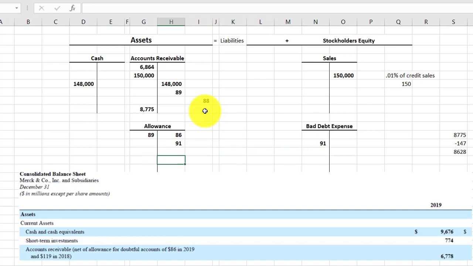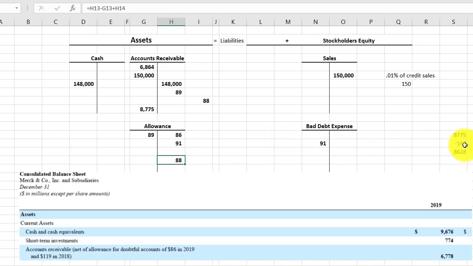Let's see how we calculate. We take the beginning balance minus the debit or the decreases, add the increases, and we get 88, which is what we thought it was, right? This is where we calculated what we thought it should be. This is what it now is after we make this adjusting entry of 91.